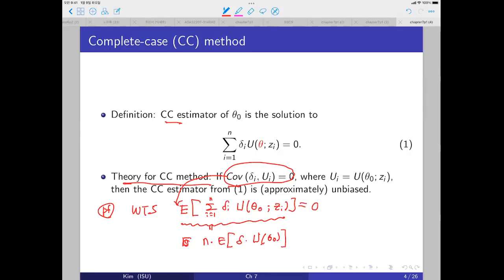U is just a function of Z, and the value is evaluated at theta null. So this is equal to the covariance of delta and U theta null plus the expectation of delta times the expectation of U theta null.